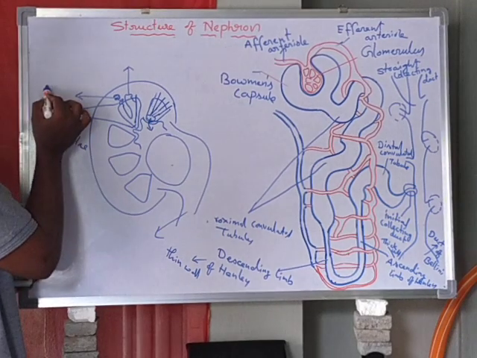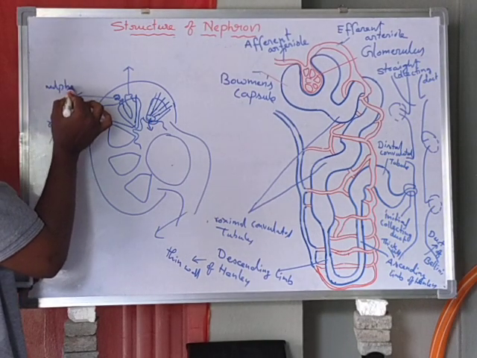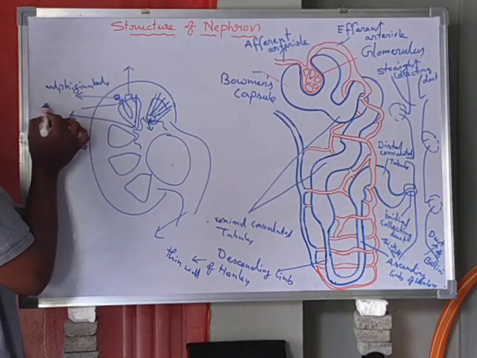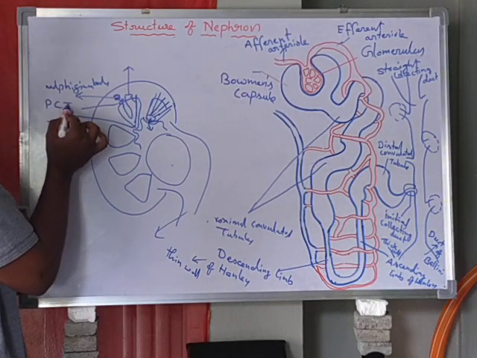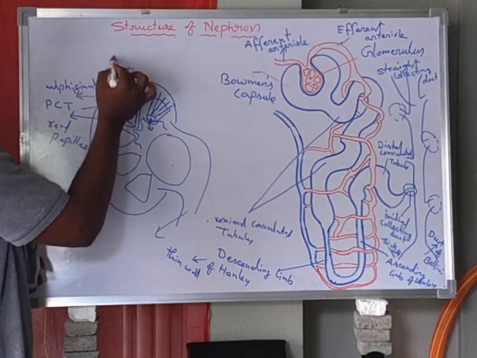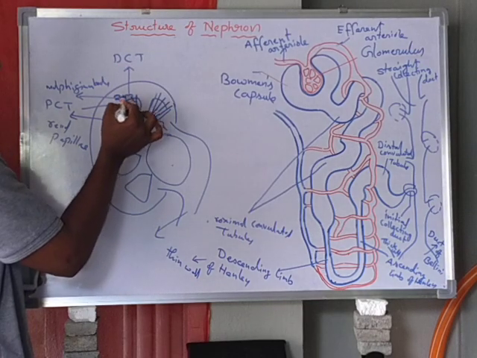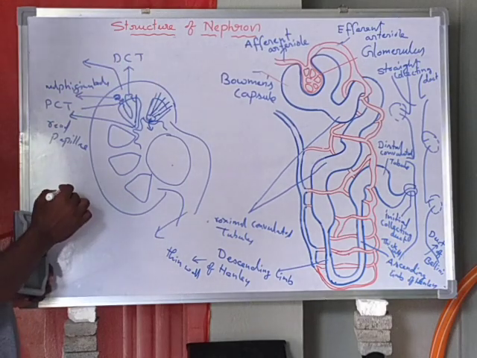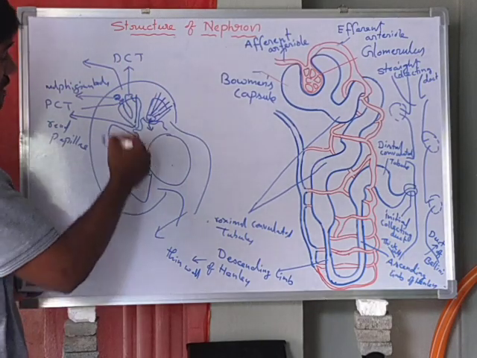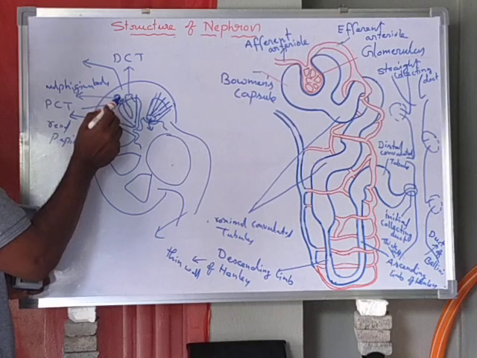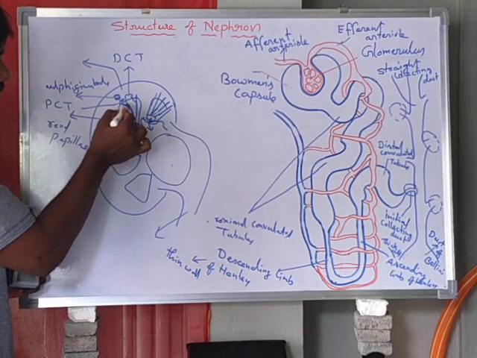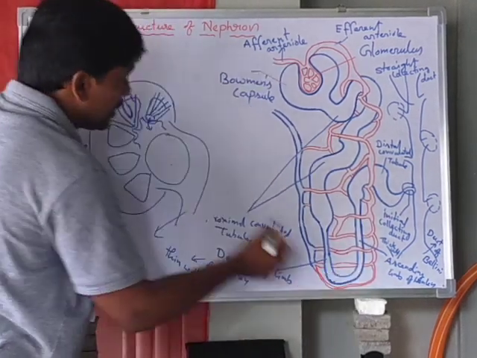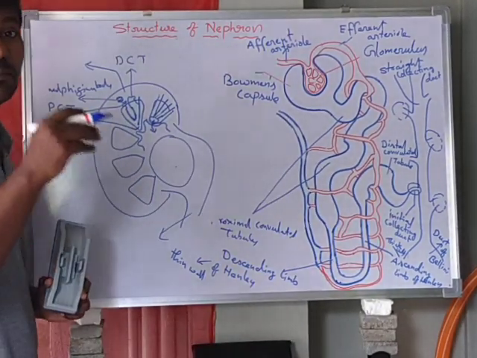The Malpighian body, the PCT and the DCT are arranged in the cortical region of the kidney. This is the cortex region of the kidney. And this one is the Henle loop, which is located in the medullary region.